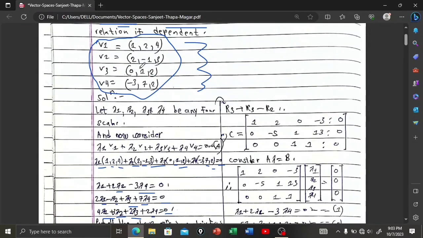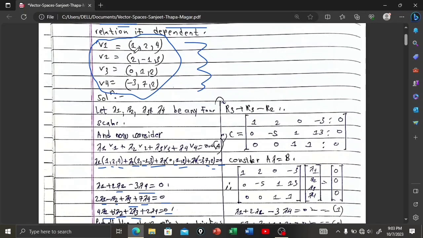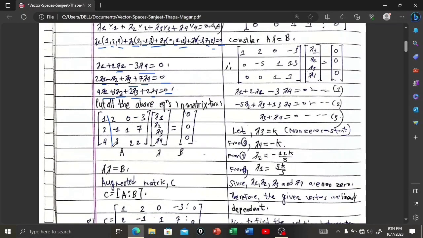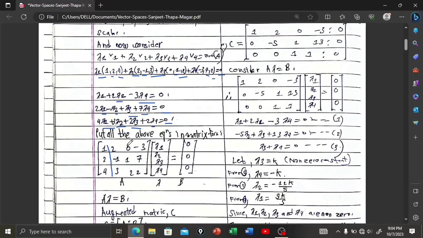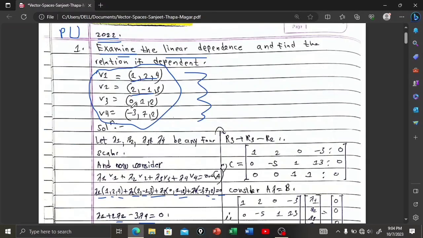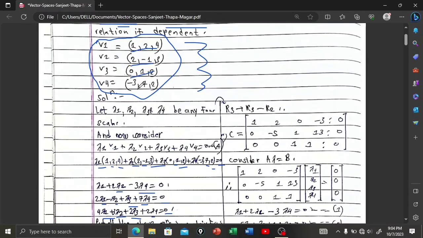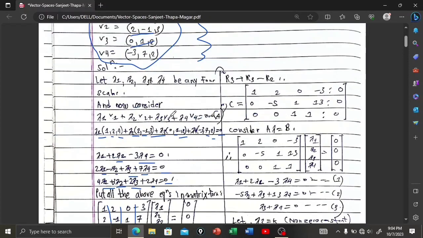You should keep in mind that in matrix form, the vector (1, 2, 4) becomes the column 1, 2, 4, and (2, -1, 3) becomes the column 2, -1, 3, (0, 1, 2) becomes the column 0, 1, 2, and finally (-3, 7, 2). If it is not like this, then there is a mistake in this part.